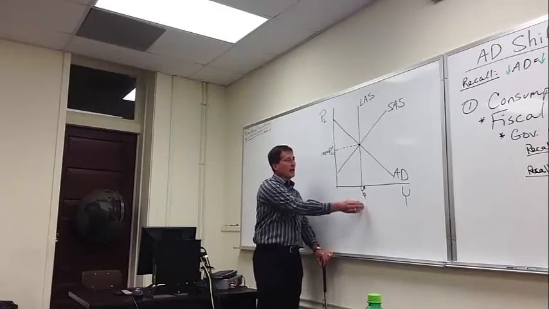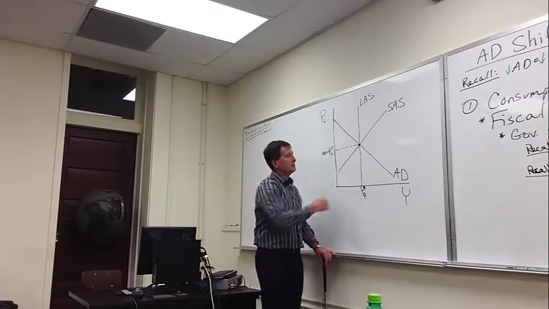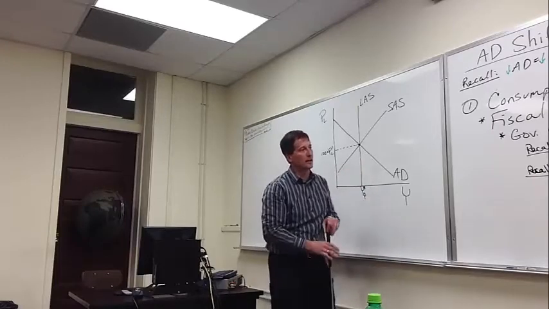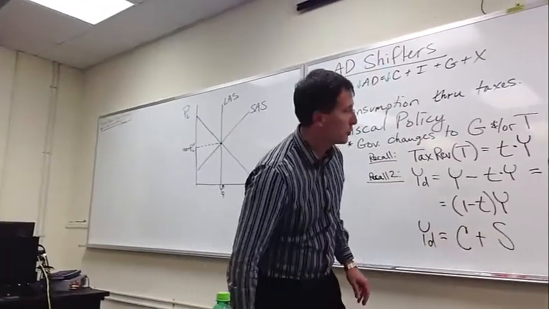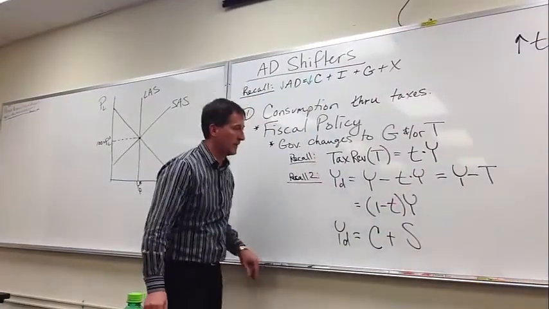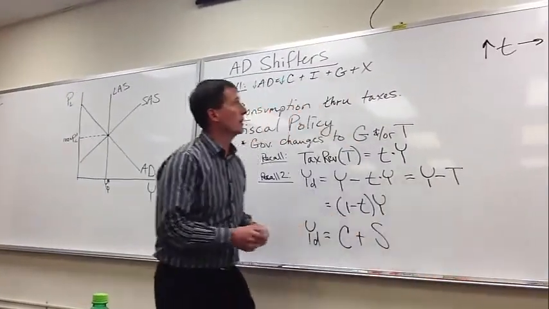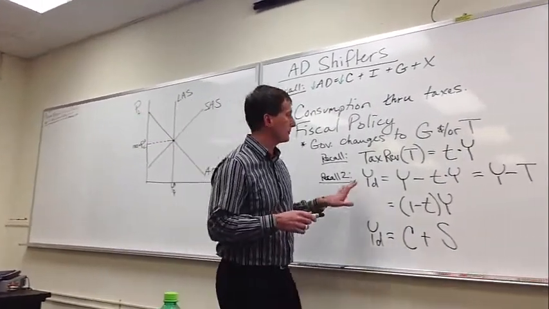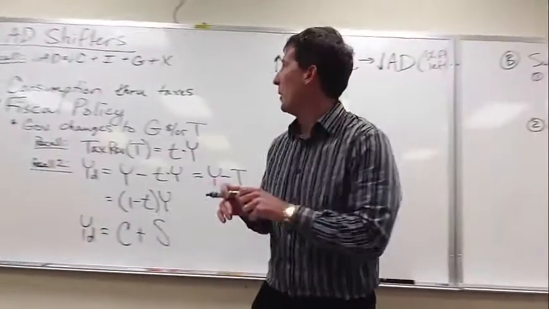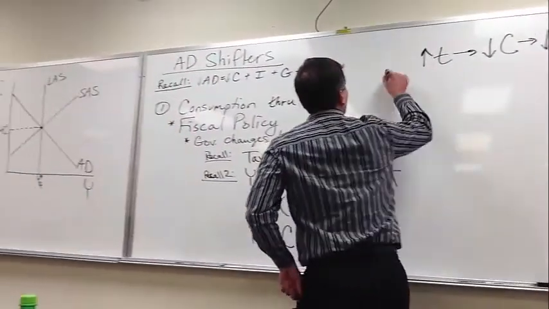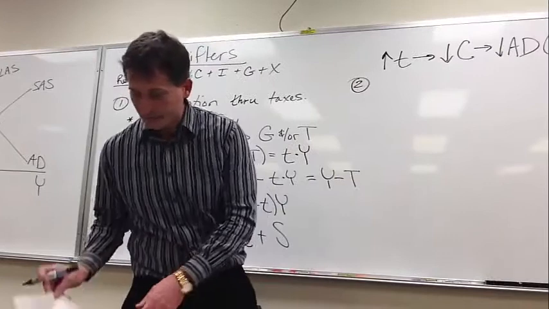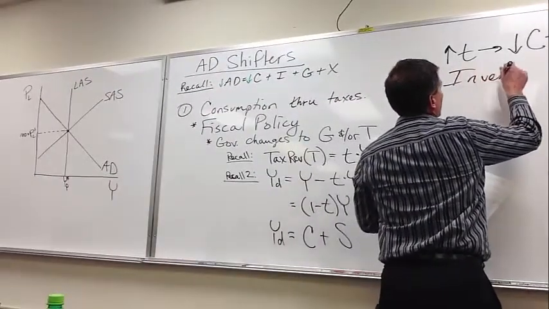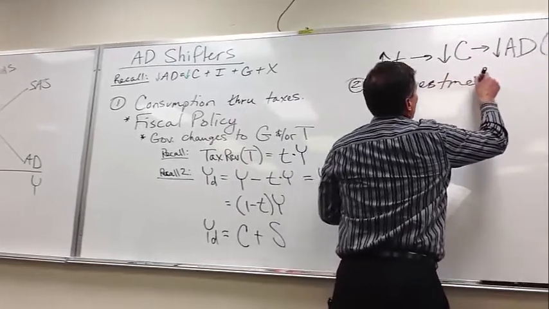Whatever the tax rates are, they're going to be, and we'll get into more complex ways to analyze that in future chapters. But for now, it's a shift to the left, and it's going to lead to a short run decrease in output and the price level. Okay, there's number one. Number two. We've got investment is next on our list.